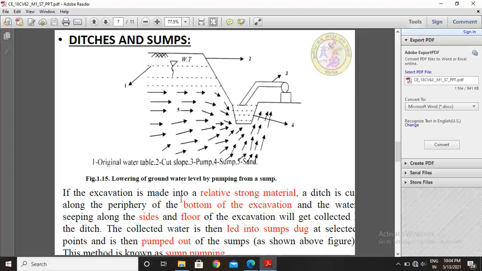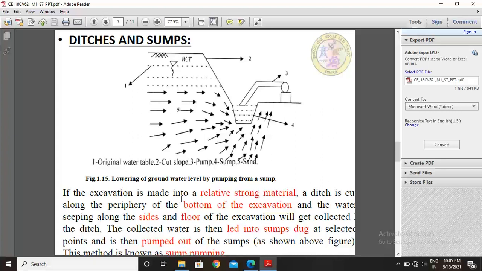At suitable locations, sump pits are constructed along the ditch for installation of the pump to remove the water collected. If the soil is fine sand of low permeability, boiling may occur in sumps and ditches. This may be prevented by placing filter layers on the sides and at the bottom of the ditches and sump.